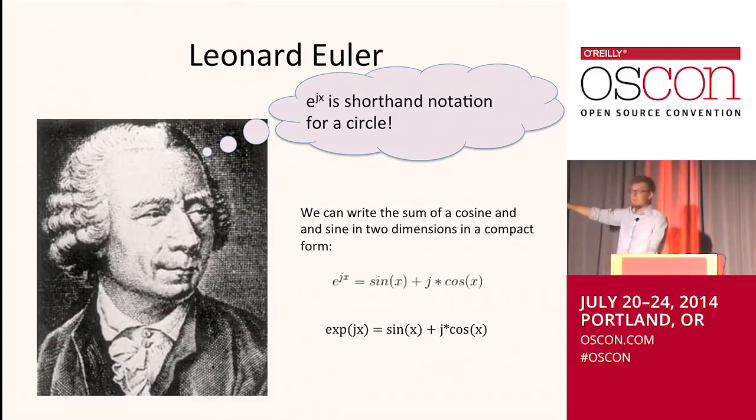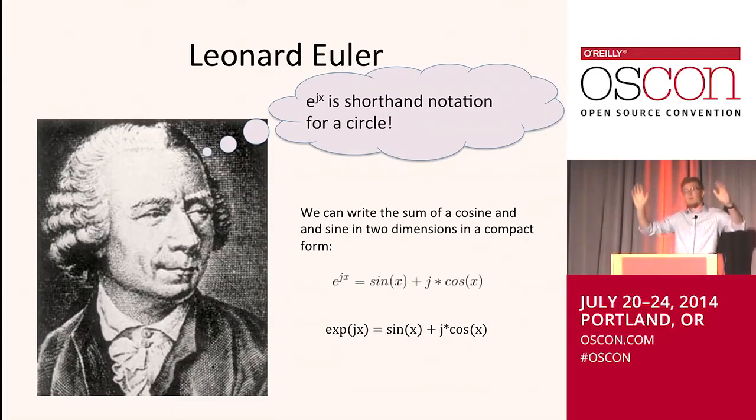But effectively, all that means is he came up with a shorthand way of expressing this sine and cosine, this circle information, as e raised to the power. Because it's shorthand notation, it's used almost everywhere when you're discussing these Fourier transforms. So when you see e to the j something, just take a deep breath and think: oh, it's a circle. And we'll see that come up a little bit.